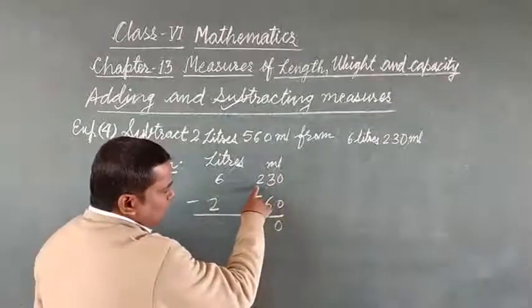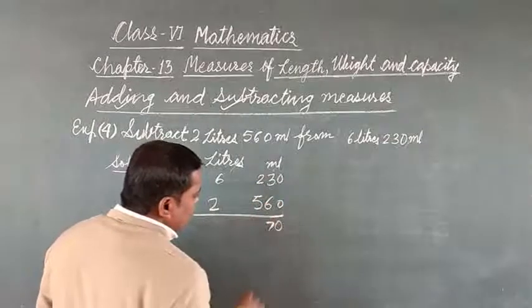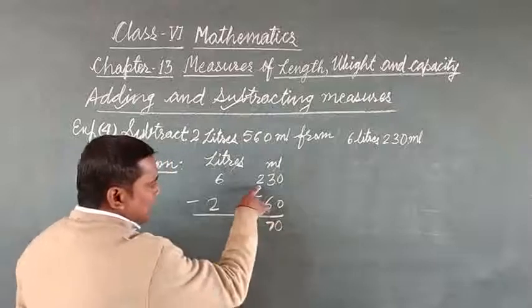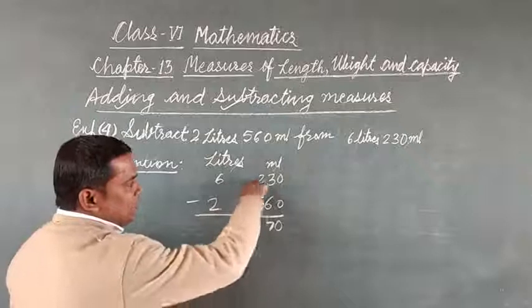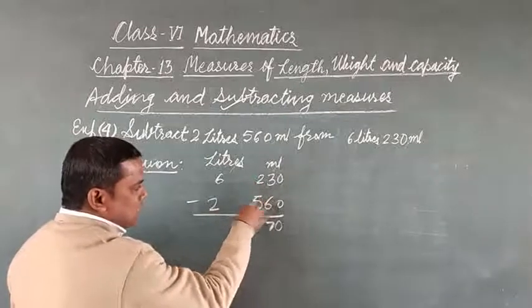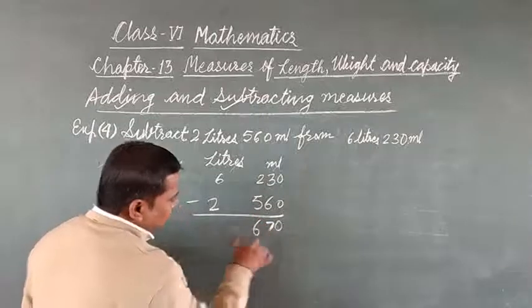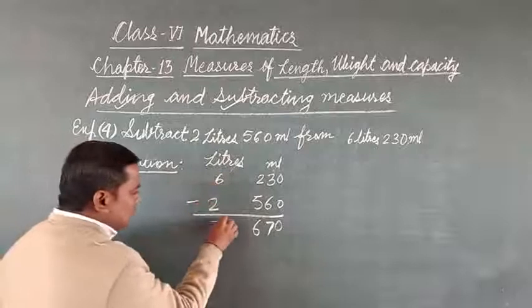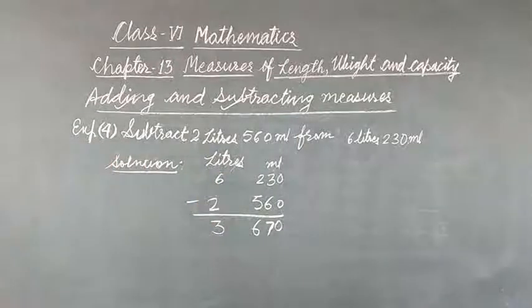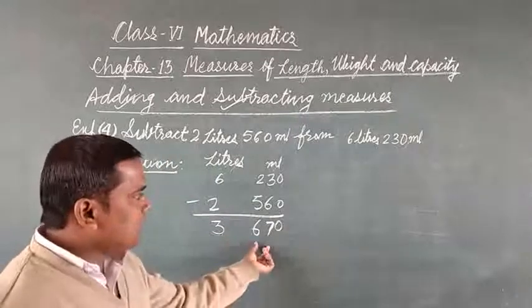So 10 plus 3 is 13, 13 minus 6 is 7. 1 is smaller than 5, so we take 1 liter borrow. So 11 minus 5 is 6. Then we are left with 5, and 5 minus 2 is 3.